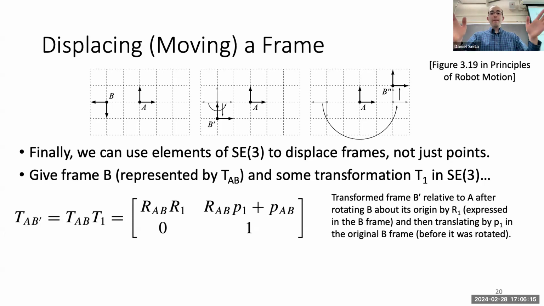After you rotate B about its origin by R1, which is expressed in the B frame, and then you translate by P1 in the original B frame before we rotate it.